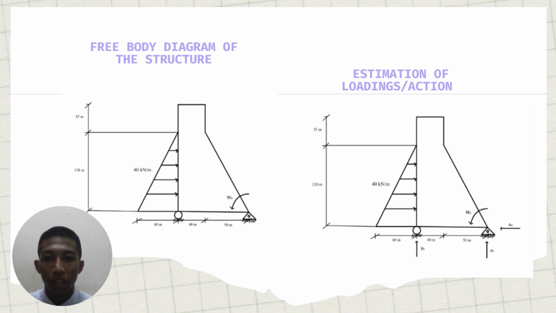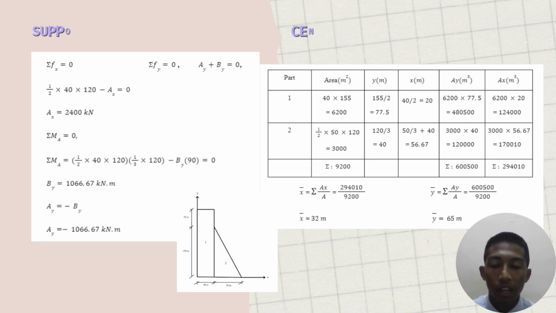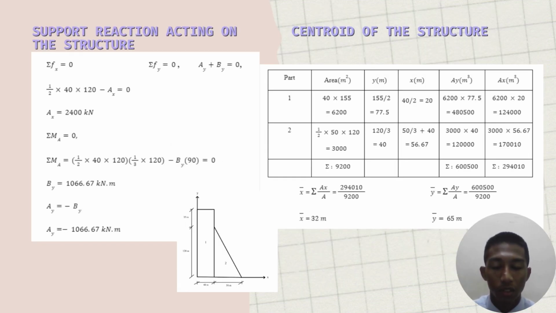Here is the free body diagram of the structure that has been drawn, and also the estimation of loadings and action to make it easier for us to calculate the centroid and moment of inertia later. I have calculated the support reaction acting on this dam structure.